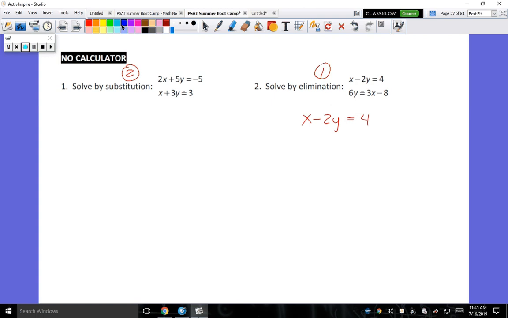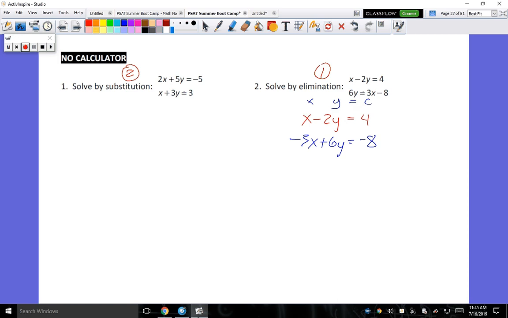So I want to line up my x's and my y's and my constants. So I line them up this way. And what would you do to write the second equation? What would you write? Negative 3x plus 6y equals negative 8.